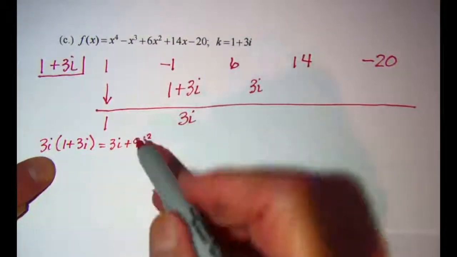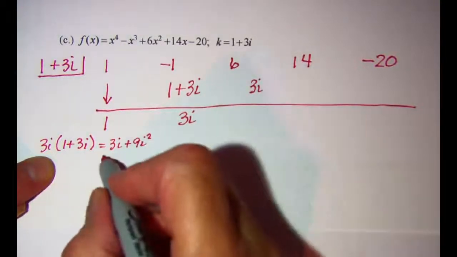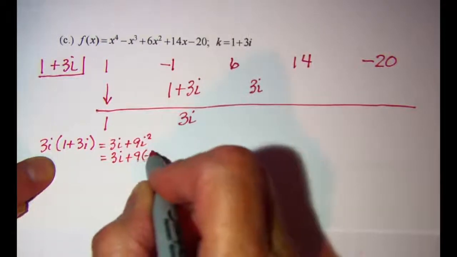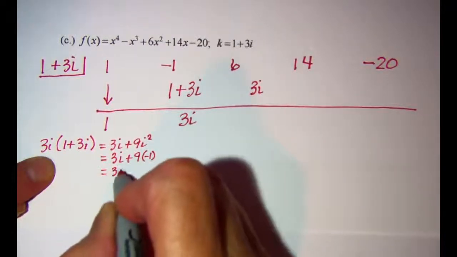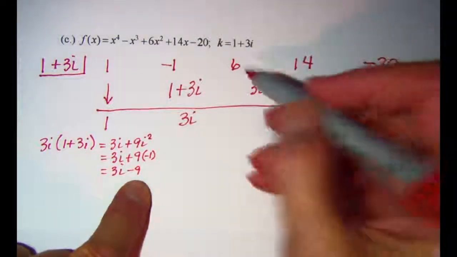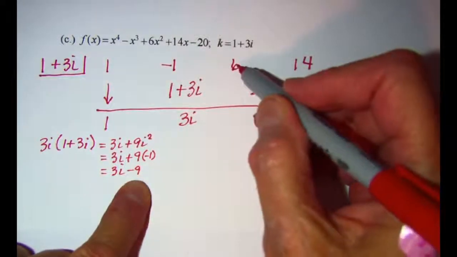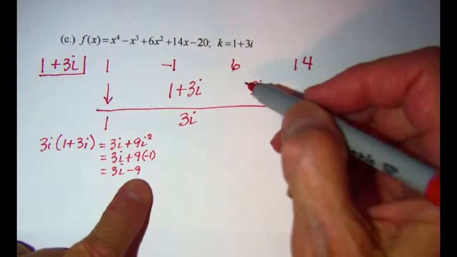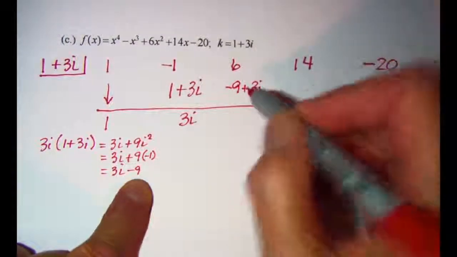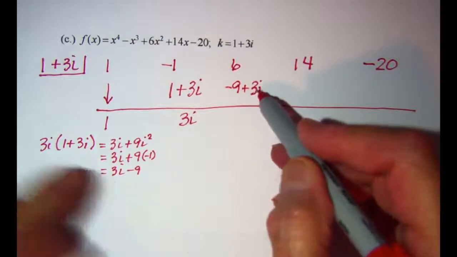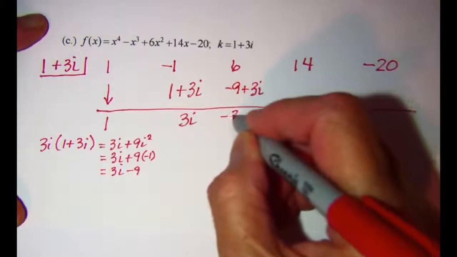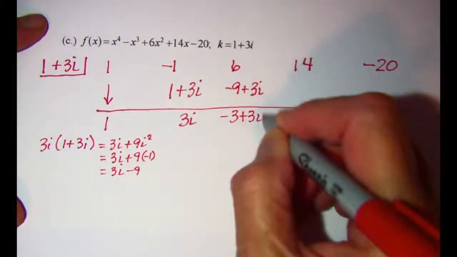Remember, i squared is defined to be negative 1. So this is the same as 3i plus 9 times negative 1, which is 3i minus 9. So this minus 9, I can write under the 6, because the 6 is a real number, and the negative 9 is a real number. So I have a negative 9 here, and then my 3i was positive. Right. Now when I add these together, I have negative 3 plus 3i.